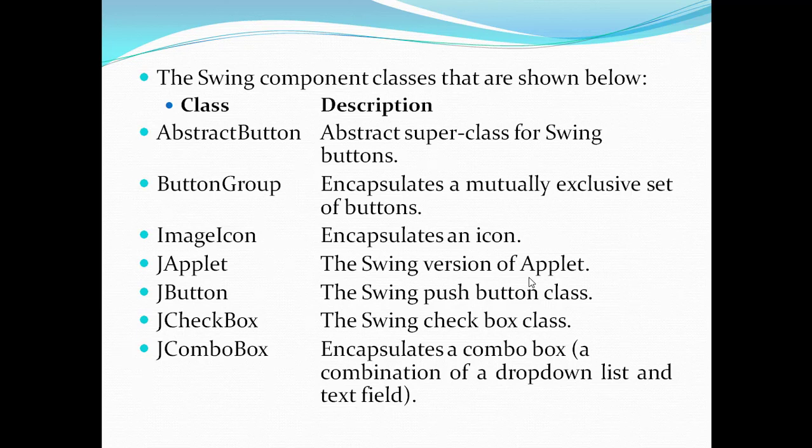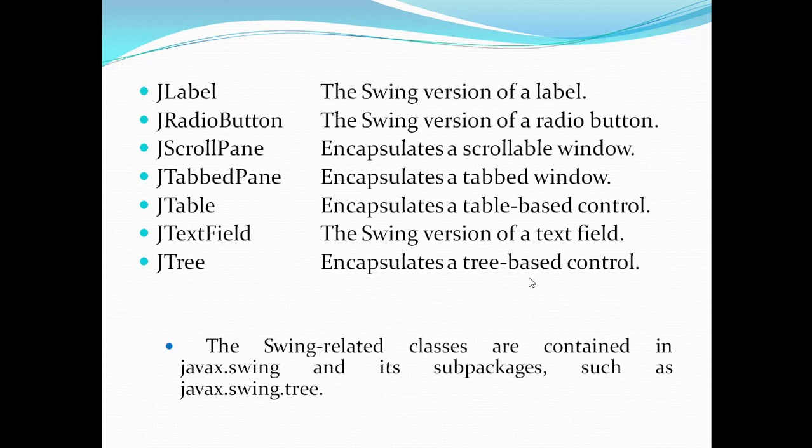JCheckBox, the swing checkbox class. JComboBox encapsulates a combo box. It is a combination of drop down list and text field. JLabel, the swing version of a label. JRadioButton, the swing version of a radio button.